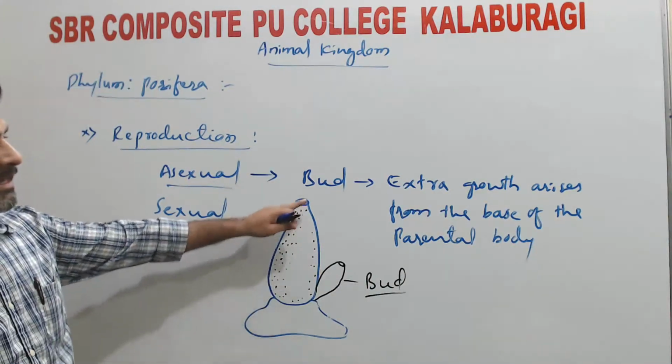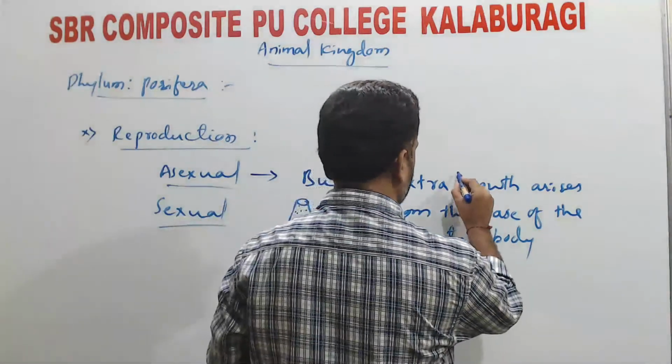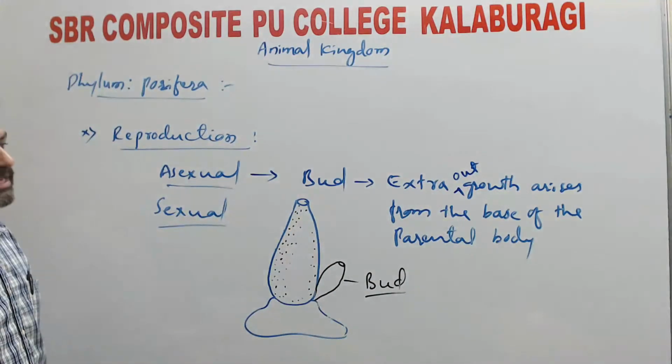The buds are extra outgrowths that arise from the base of the parental body.